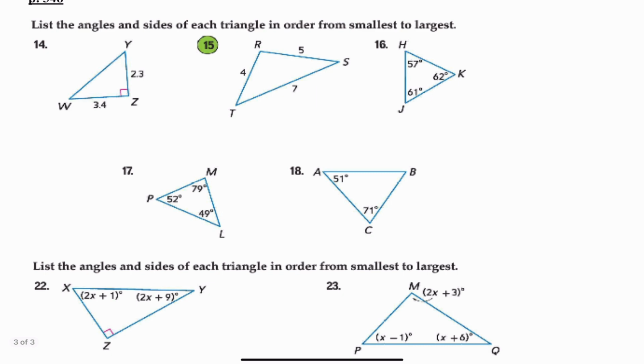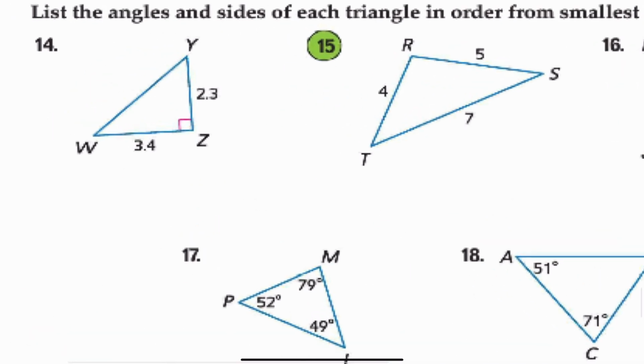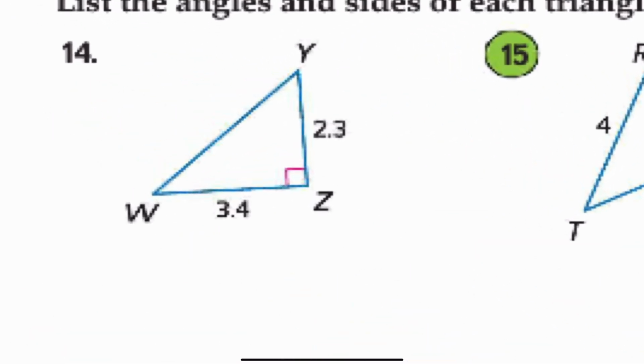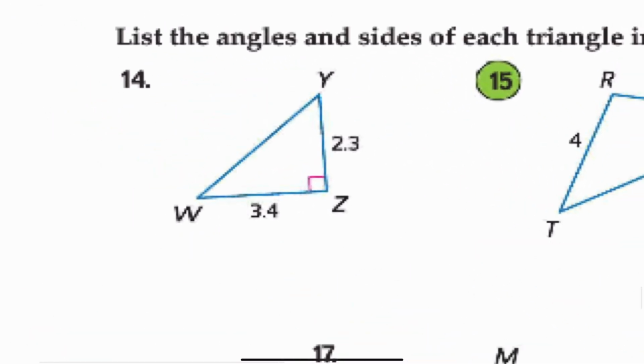And then you're going to list the angles and sides of each triangle in order from smallest to largest. So if I were to take a look at number 14, here is 90 degrees, right? The side opposite to that, the angle and the side do relate to each other.